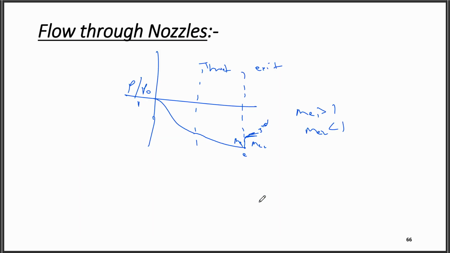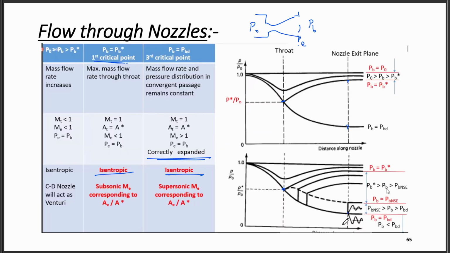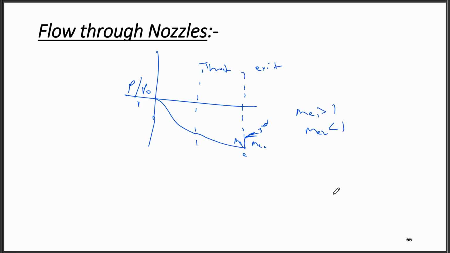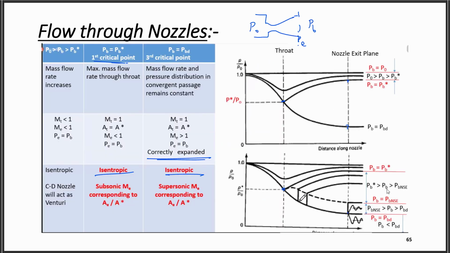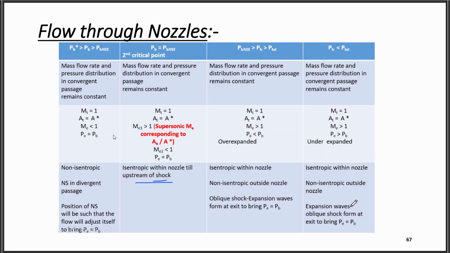So there will be first an oblique shock, then an expansion wave to equalize the pressure. Then it will be the combination of oblique shock and expansion wave like this. And if we start reducing the pressure below this second critical point, then as it is under expanded, there will be first an expansion wave, then an oblique shock like that to equalize the pressure at the back. And the flow is non-isentropic outside the nozzle.